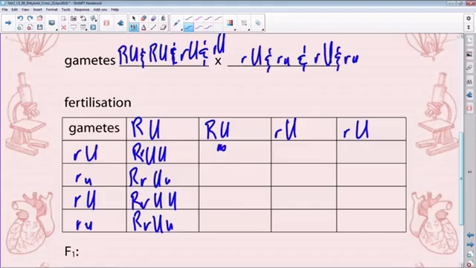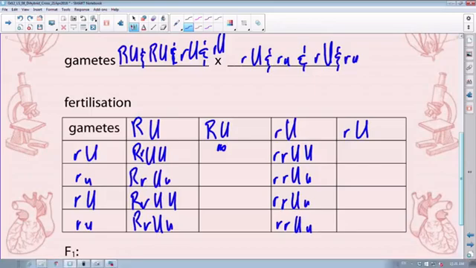And if we go to this one, it is small r, big U, small u, repeated across, so those are all identical. So the ratio, that one and that one are going to be identical.